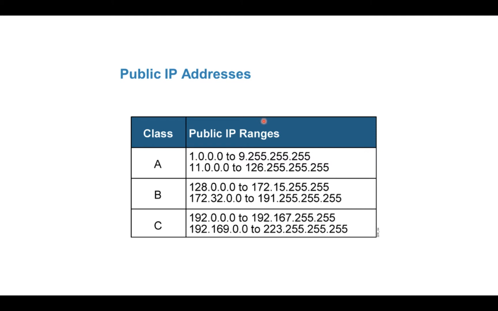For example, think about a company with thousands of users. Inside that network, we use local IP addresses. And when they go to the ISP, the Internet Service Provider, on the other side of their router, the ISP gives them a public IP address to use.